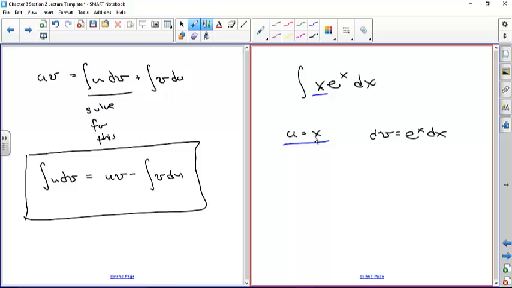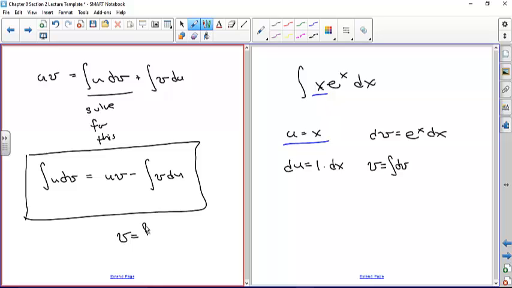You take your original u selection, you take the derivative, just like we normally do when we're using u substitution. So the derivative of x is 1, and then we multiply by dx. Same usual u substitution kind of situation. Now v is the integral of dv.